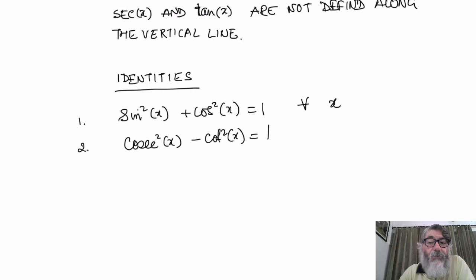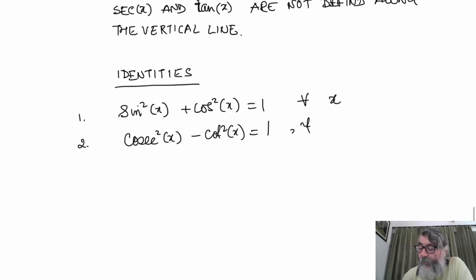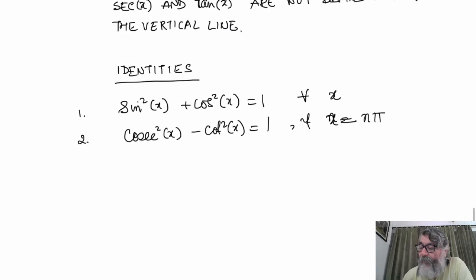But please remember, cosec x and cot x are not defined for everything, because they are not defined when x lies on the x-axis, on the horizontal line. So if x is equal to n pi, it is defined only when x is not equal to n pi.